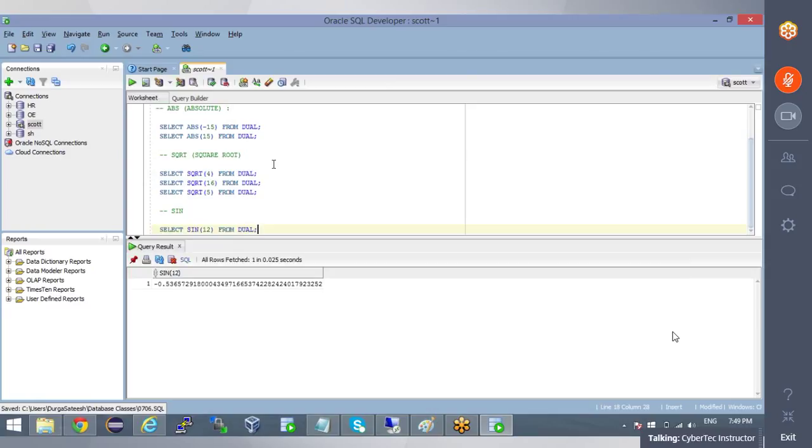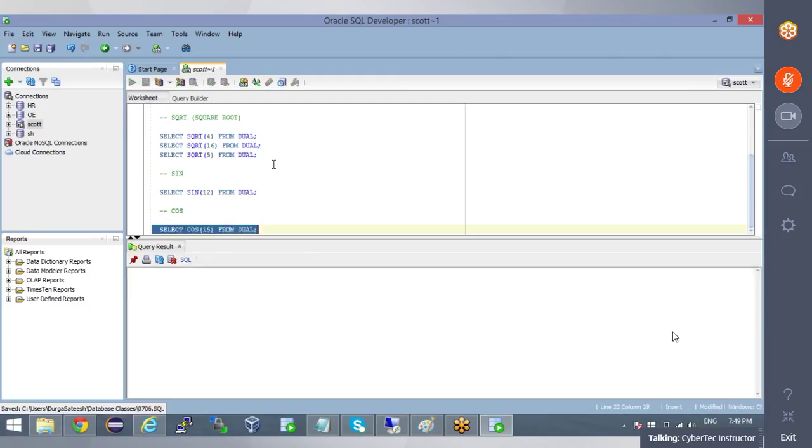So this is the sine value of that particular number. Okay, likewise you have other functions like cos. You'll be using these where you have the necessity of working on trigonometry related columns or measurements. Wherever you have measurement, you'll be going with these mathematical functions.